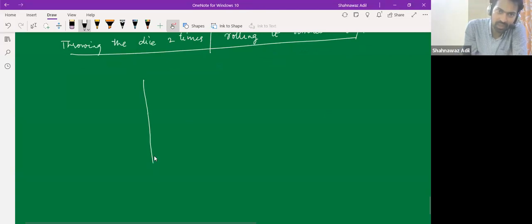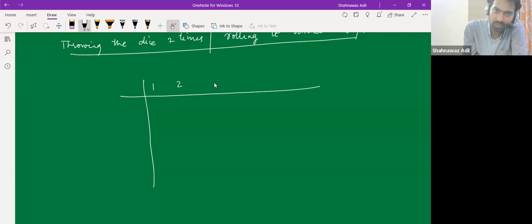So let's say we write 1, 2, 3, 4, 5, 6. So these are 6 columns and then 6 rows: 1, 2, 3, 4, 5, 6. So these are the rows.